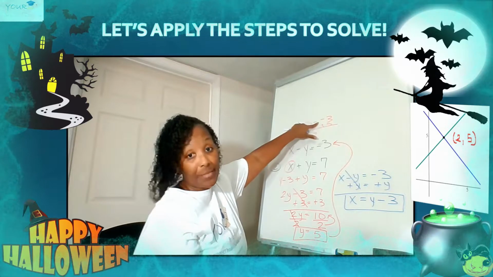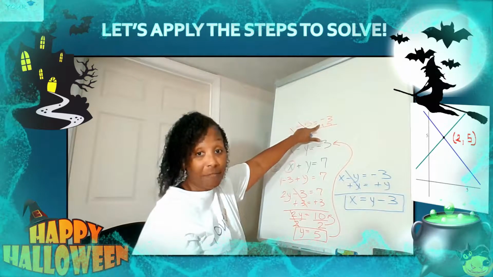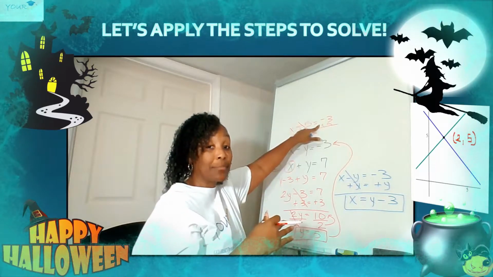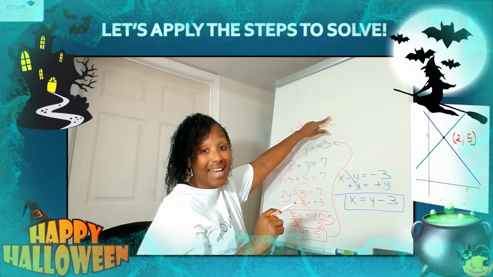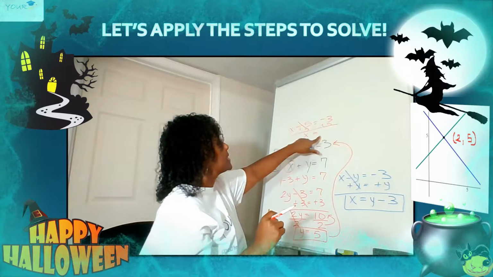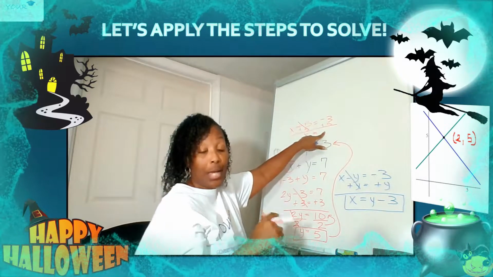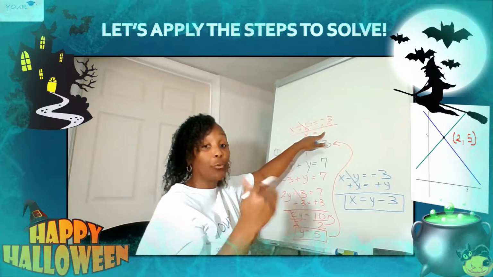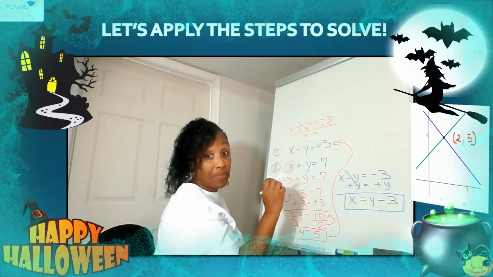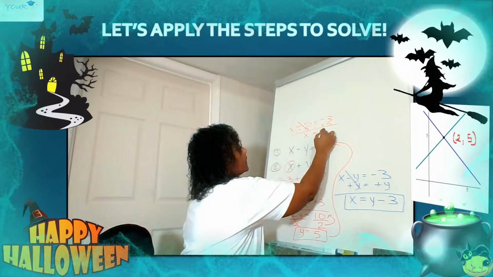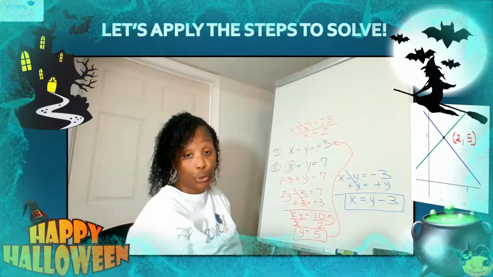Here I have a negative 3, a positive 5. I know that I need to subtract because I have two numbers with opposite signs of each other. So that's going to give me a 2. My 2 will take the sign of the greater number, and in this case, the greater number is 5, which is positive. So that's going to give me a positive 2.